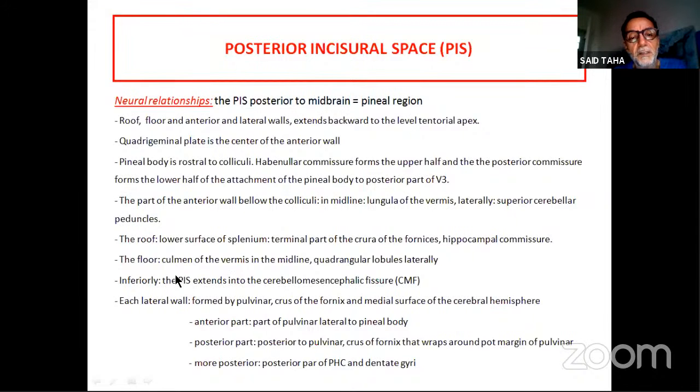Inferiorly, the posterior incisural space extends into the cerebellomesencephalic fissure. Each lateral wall is formed by the pulvinar, crus of the fornix, and the medial surface of the cerebral hemisphere.